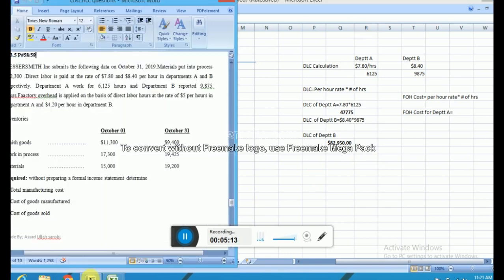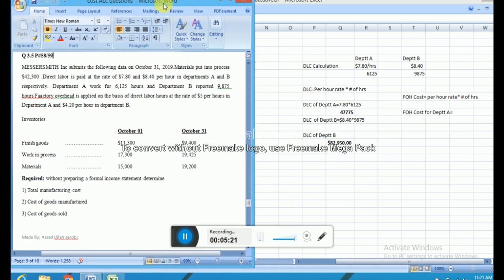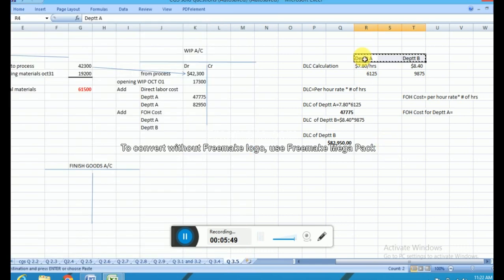No, just a minute. We will check the question. Look at it. In the question, factory overhead is applied on the basis of direct labor hours, meaning hours are the same, but the rates here are different: $5 per hour in department A and 4.20 in department B. So in department A the number of hours is 6,125, and for department B the same hours, 9,875.